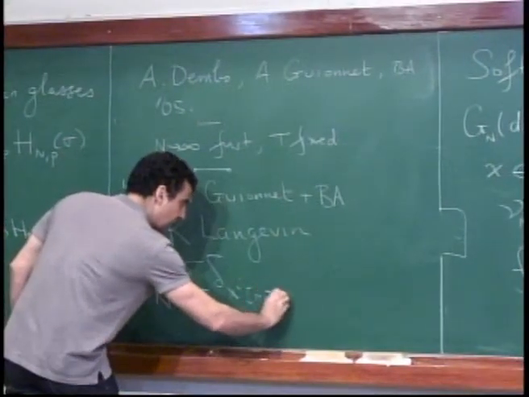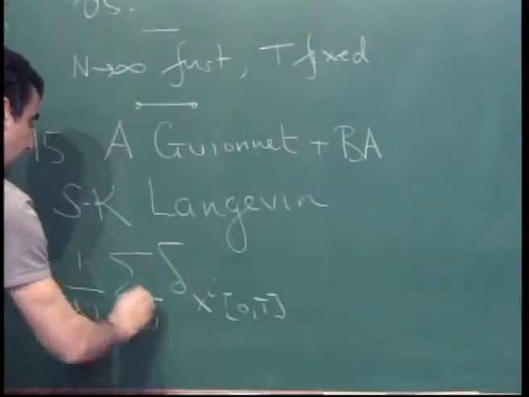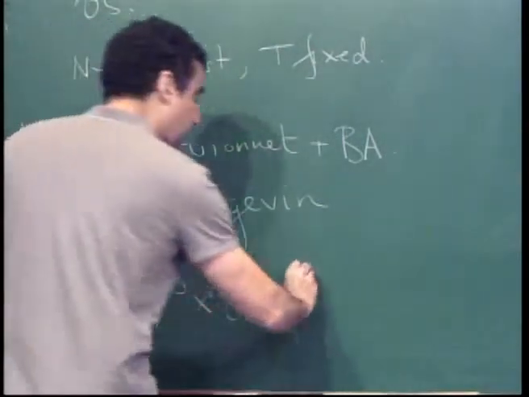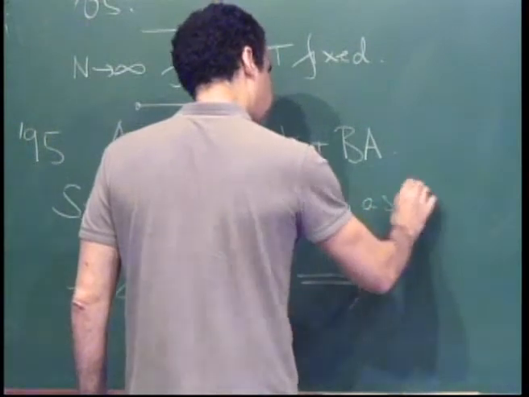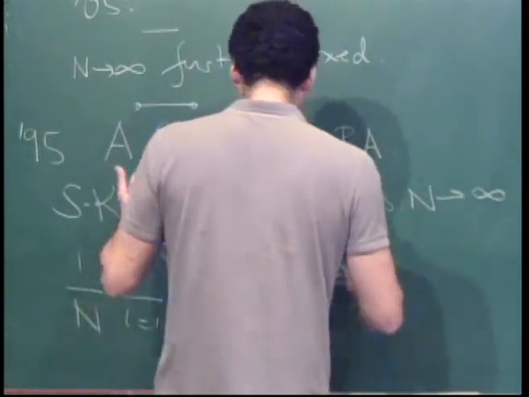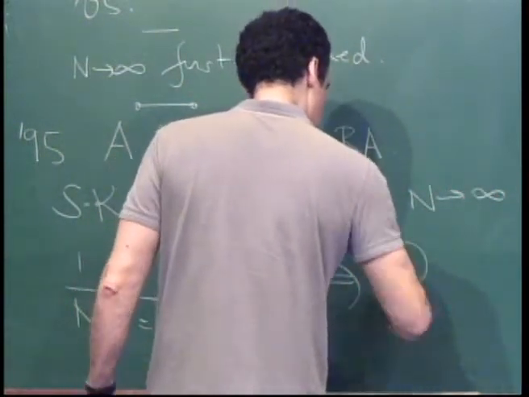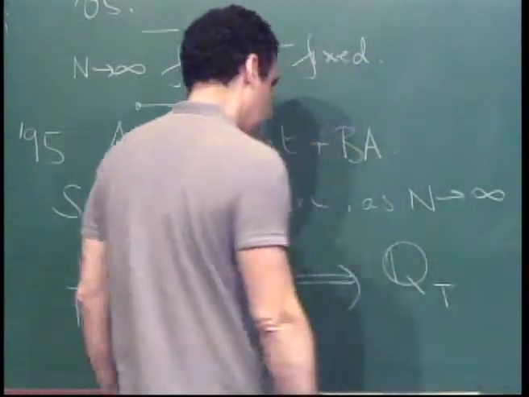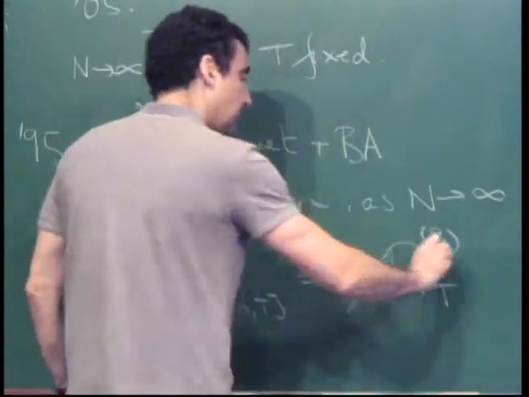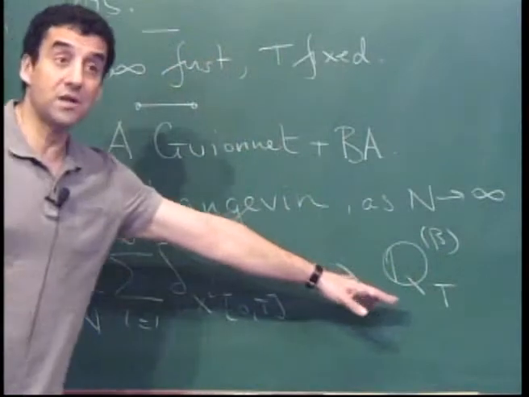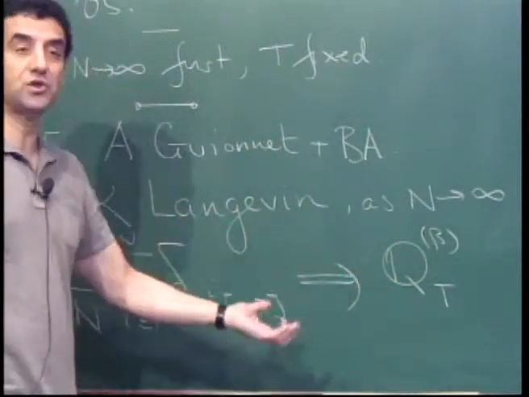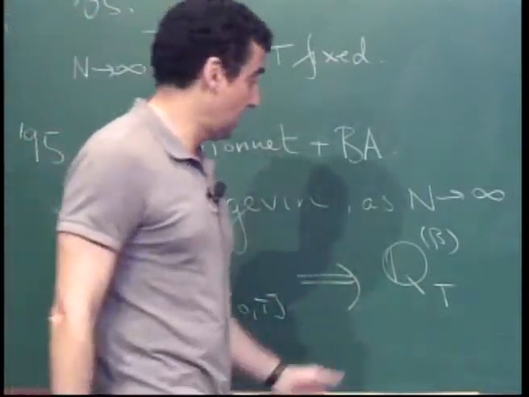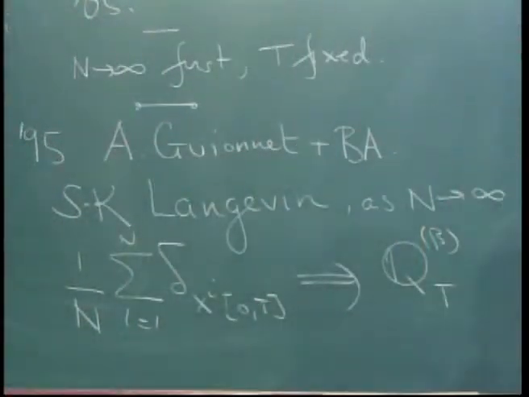If you look at the trajectory on a time interval 0 to t, you look at the empirical measure, this converges when n goes to infinity to some measure, let's call it Q_t, which of course depends on beta. And this thing, of course, is now the law of a process. It's a law on continuous functions in the interval 0 to t, which depends on beta. That's the law of a process.